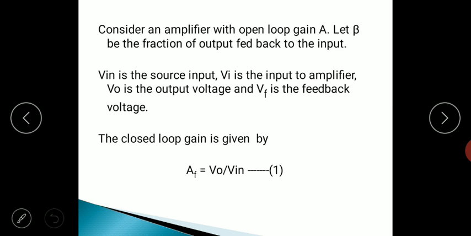Then the closed loop gain of the amplifier is defined as AF equal to V0 by Vin. Here the suffix F indicates gain with feedback, and if you write only A, it is called open loop gain or gain without feedback. So gain with feedback AF is V0 by Vin, whereas gain without feedback A can be written as V0 by Vi.